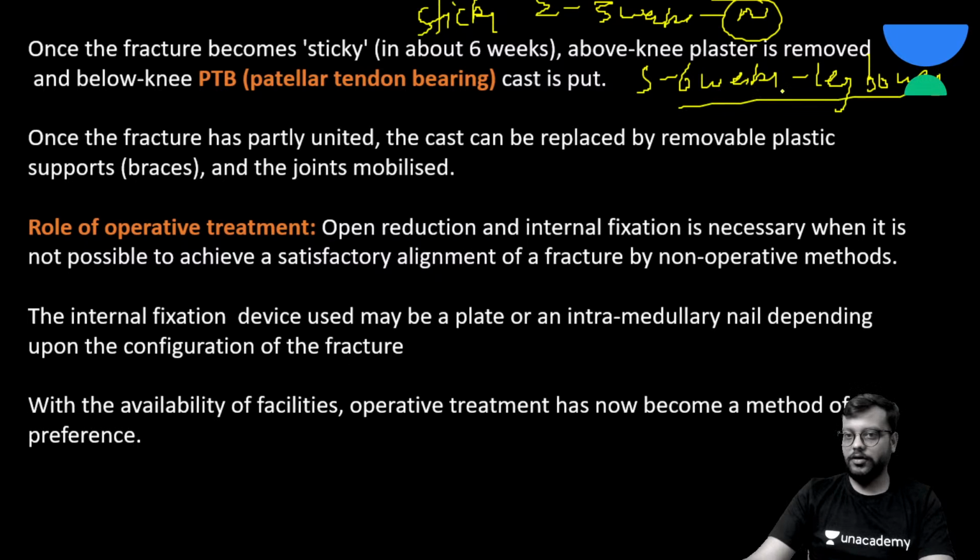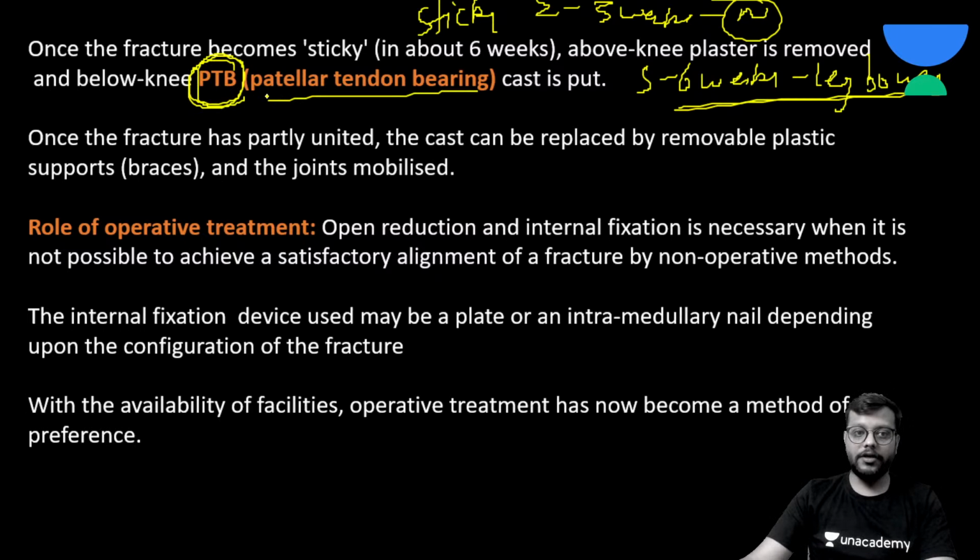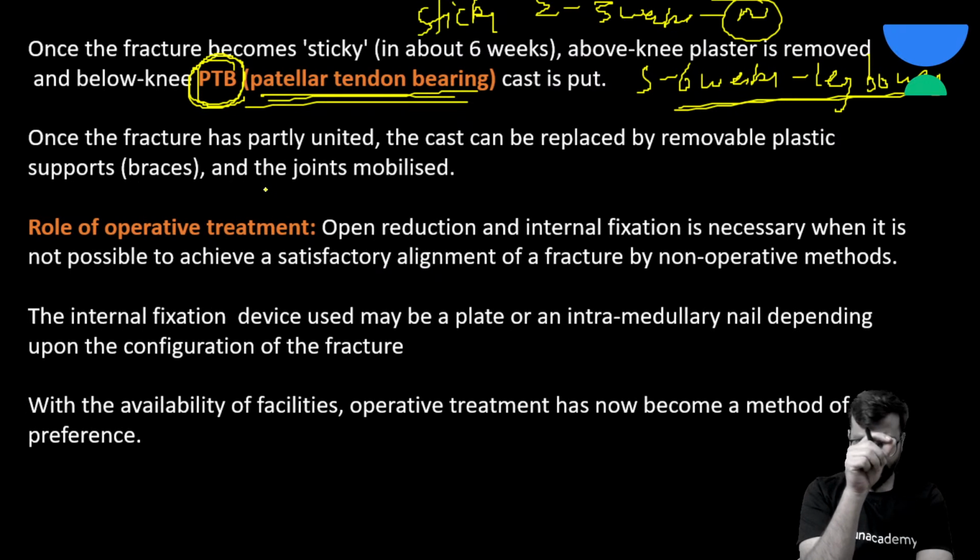And when it becomes sticky, you can convert the above knee cast into a below knee cast, special cast, which is called as the PTB, patellar tendon bearing cast, in which you cut that cast circumferentially around the patella so that the patient can walk and can bear the weight, and the extensor mechanism of the knee joint, the patella, is intact.